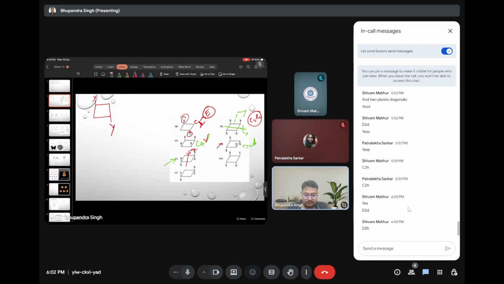By looking at them, the molecules are very nice and pleasant, but finding the point group is difficult. The answer of this question is D2h.